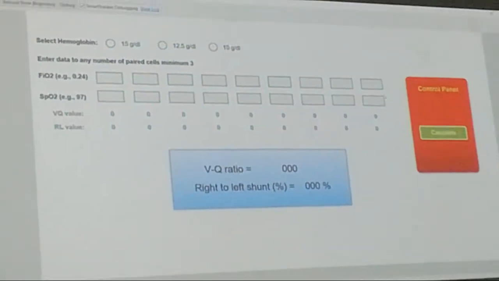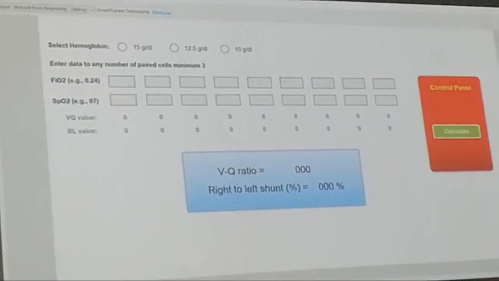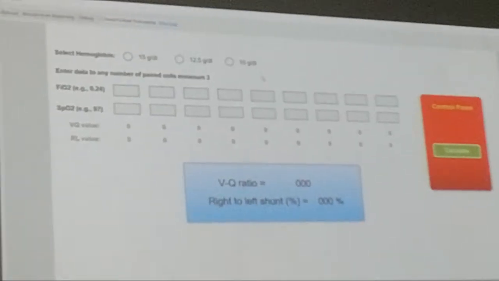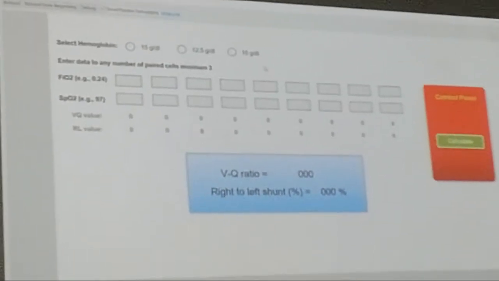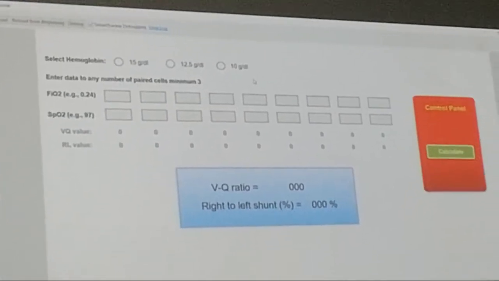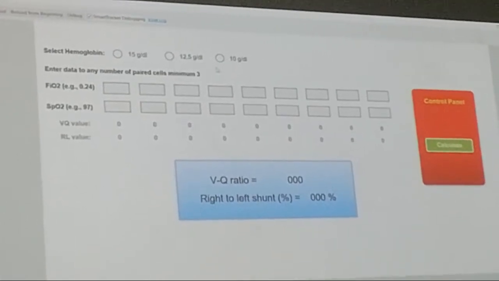This is the software, which is designed for non-invasive assessment of ventilation perfusion ratio and intrapulmonary right to left shunt. First step, you need to do the stepwise oxygen reduction test as described before. Then you have to select the most matching hemoglobin level at the time of assessment.